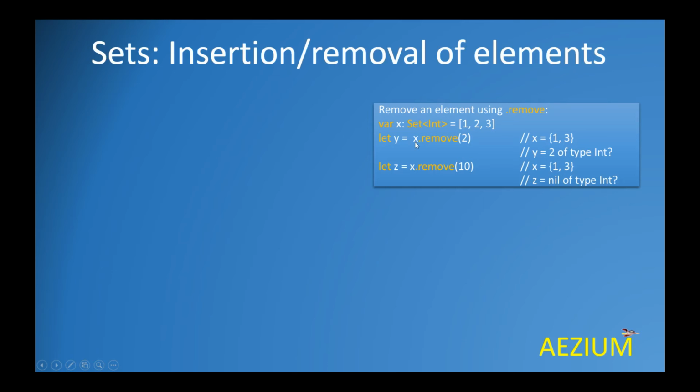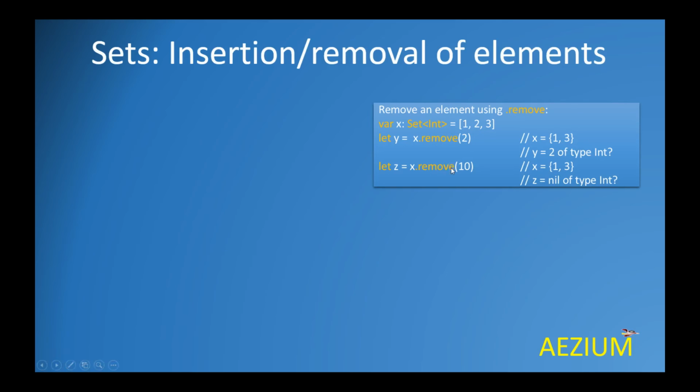The reason that optional is used is because the return value may or may not exist, and this is the main reason that we used optionals in the past. So in this case, 2 is returned to y, and the type of y is going to be an optional integer, because the removed value was of type integer.